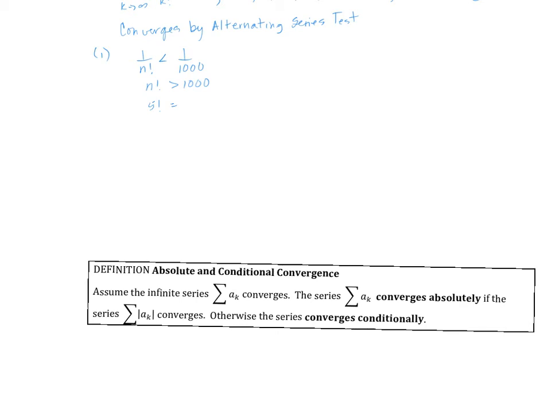That's not going to work. 6 factorial, that's going to give me 720. 7 factorial, that's going to give me 5,040. So that means my n is equal to 7.